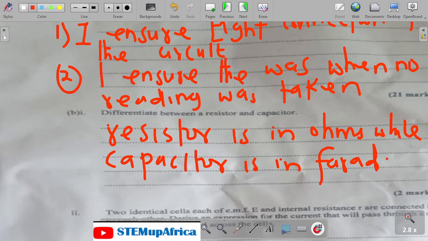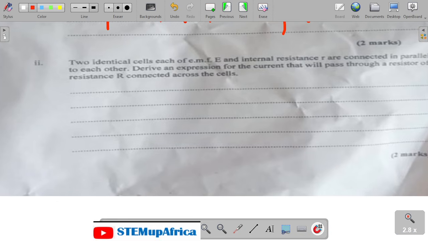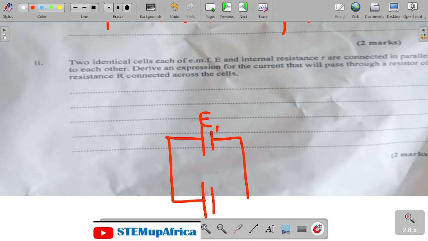Then we have question number 2. We said two identical cells, each with internal resistance, are connected in parallel. So if they are connected in parallel, this is what we have. This is the EMF E, and this is another E, parallel to each other.